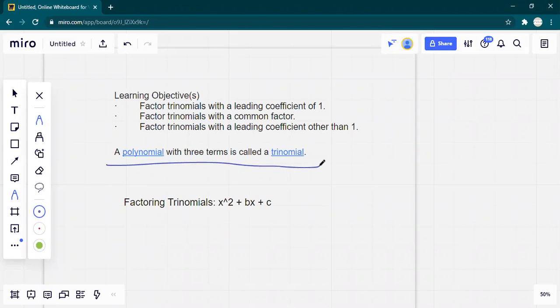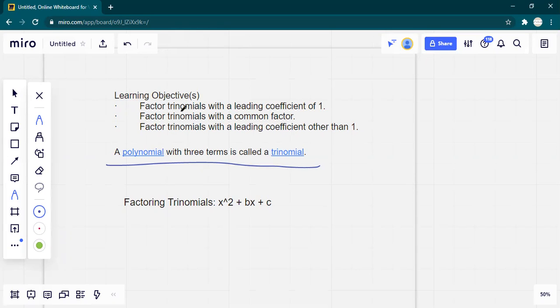Today's learning objectives are factoring trinomials with a leading coefficient of 1, factoring trinomials with a common factor, and factoring trinomials with a leading coefficient other than 1.